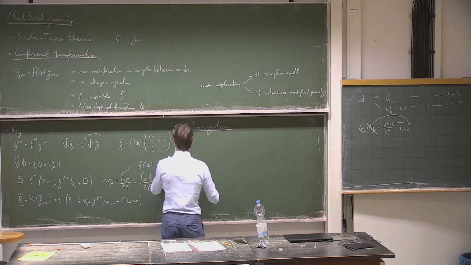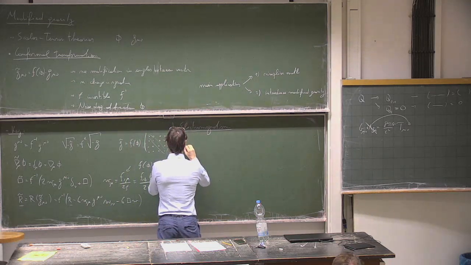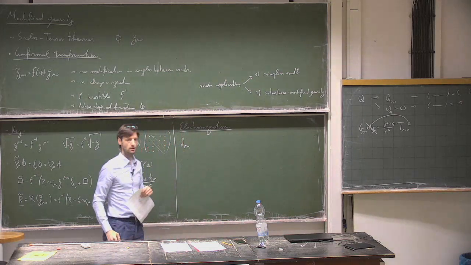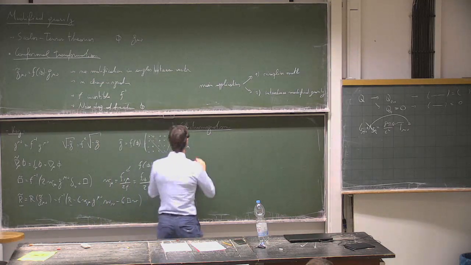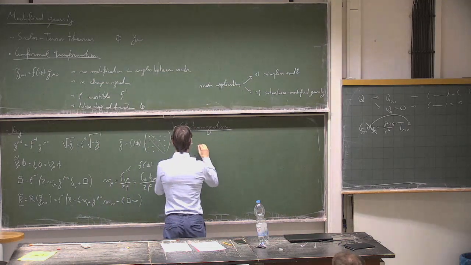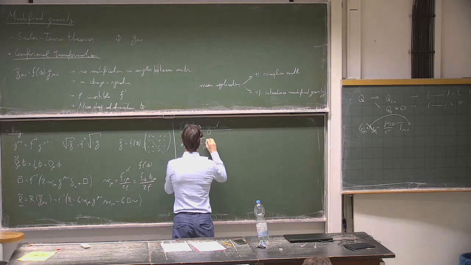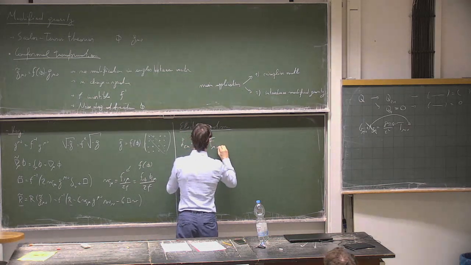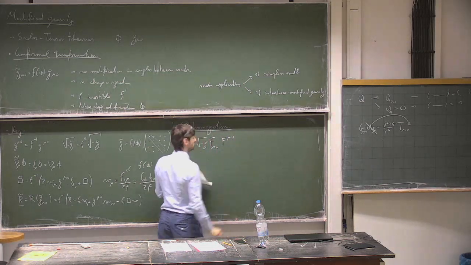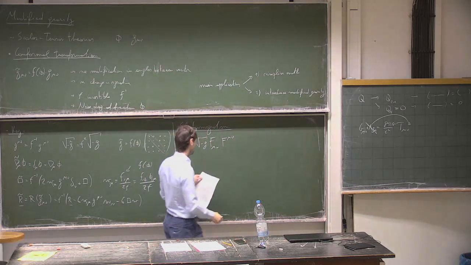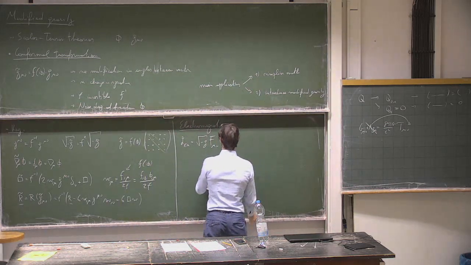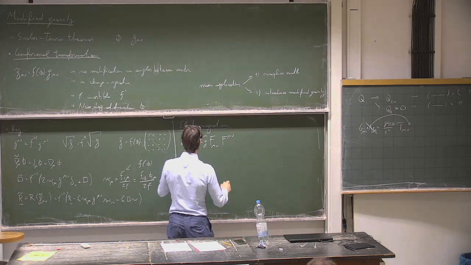Let's see what's going to happen. So we get the Lagrangian describing our electromagnetic field, which is going to be minus square root of minus g, F mu nu, F mu nu. Standard expression.